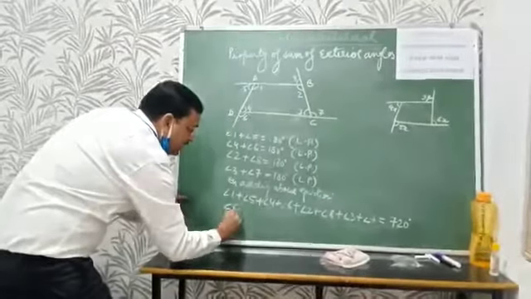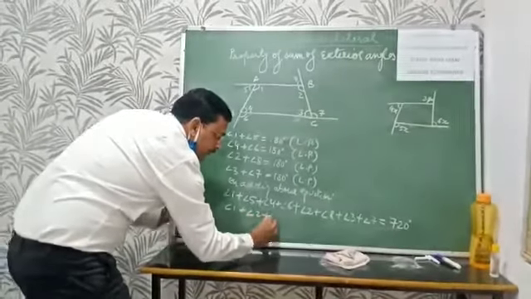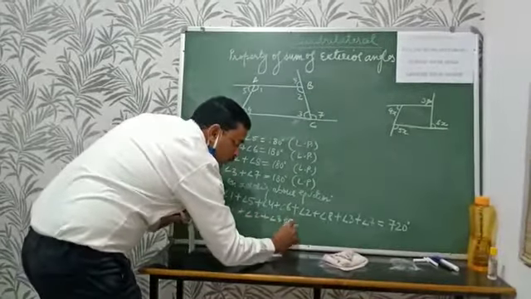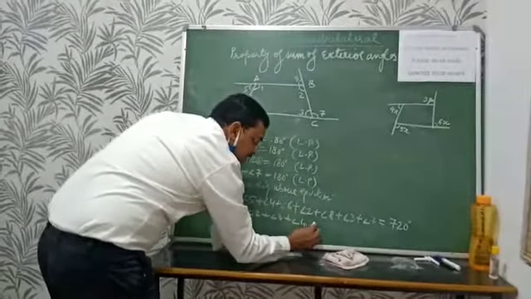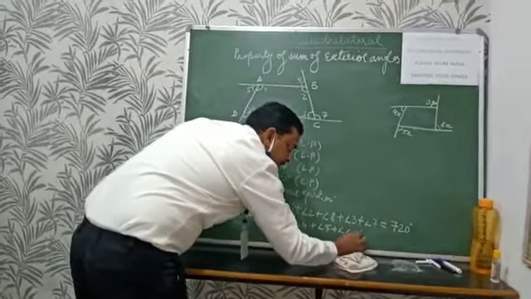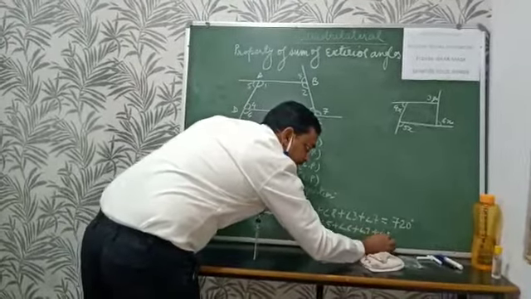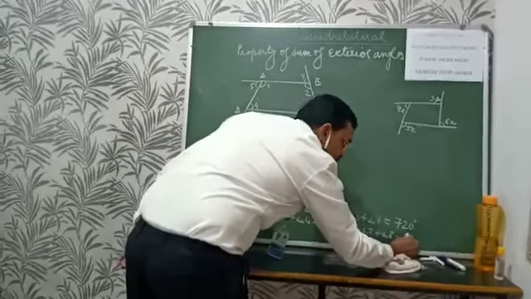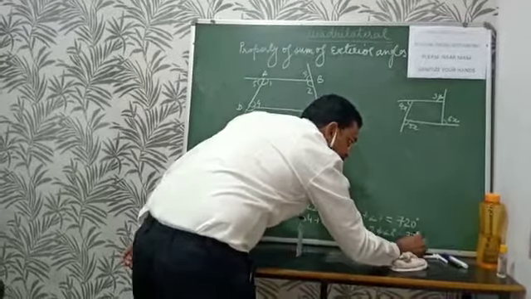So angle 1, 2, 3, 4 plus angle 5, 6, 7, 8 is equal to 720 degrees.